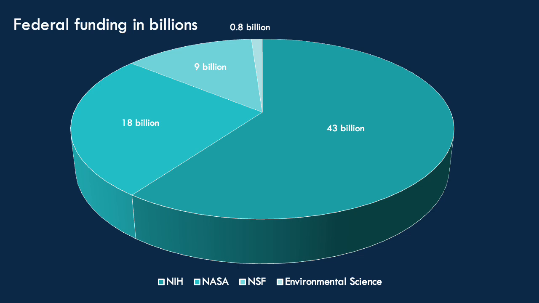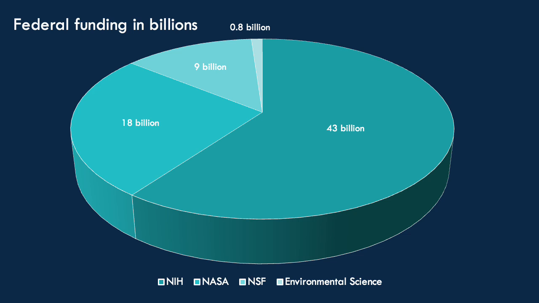Obviously, medical research, very important, trying to cure diseases and help humans survive. Then 18 billion are going to NASA, which, space exploration, sure, it's important. I might not be convinced that this is where we should be pumping too many resources, but I'm sure other people would disagree.